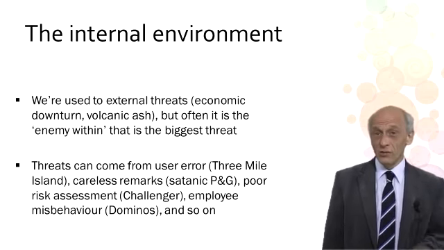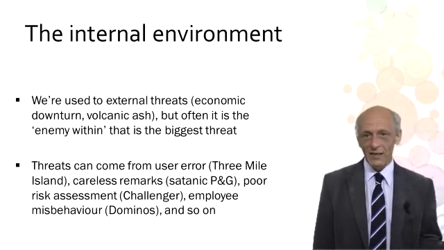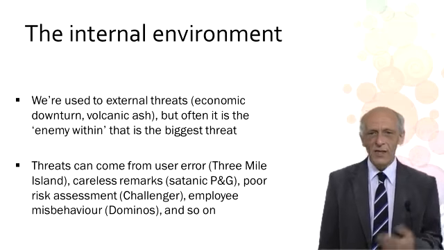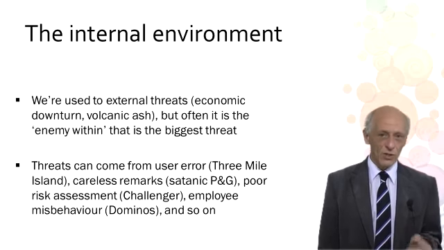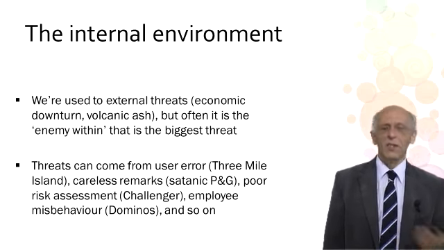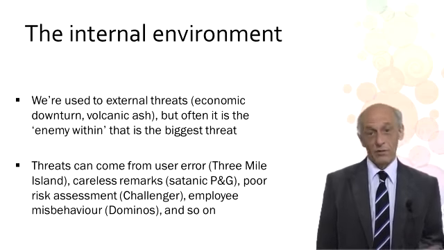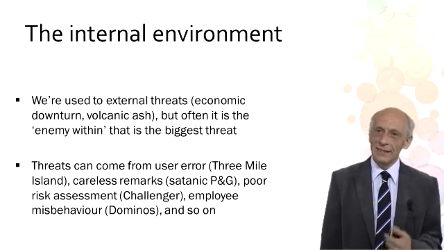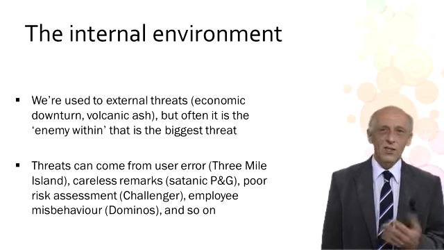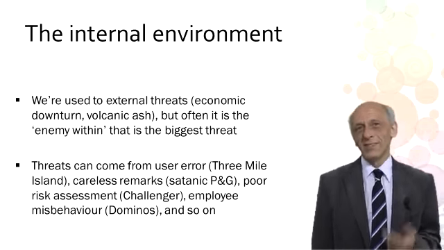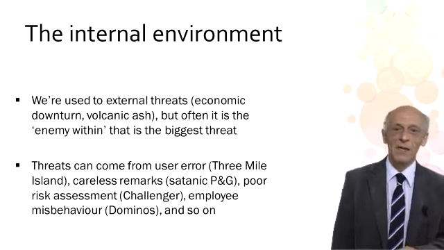We're used to external threats, the economic downturn, the volcanic ash crisis affecting aircraft across Europe, and so on. But in many cases, it's the enemy within which is the problem. Threats can come from all sorts of sources internally. User error, the Three Mile Island disaster, careless remarks, a chief exec of P&G making very silly comments in the media about how the symbol can look satanic.